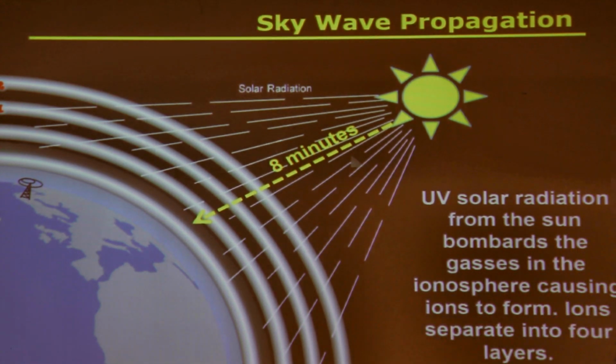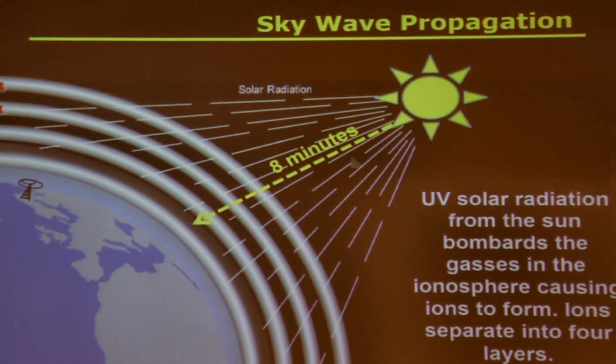The stronger the ultraviolet radiation, the more reflective or refractive the ionospheric layers are. It takes ultraviolet radiation about 8 minutes to come from the sun down to the Earth, so it's there when the sun's there.